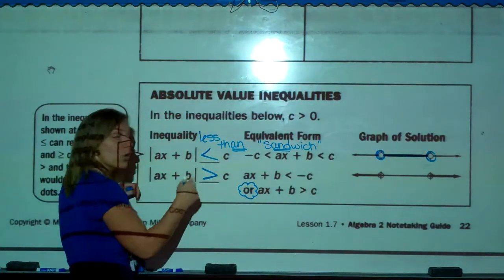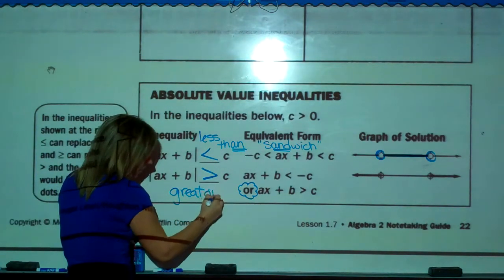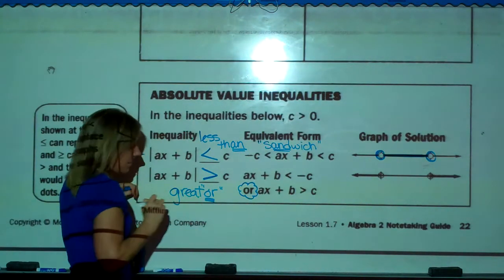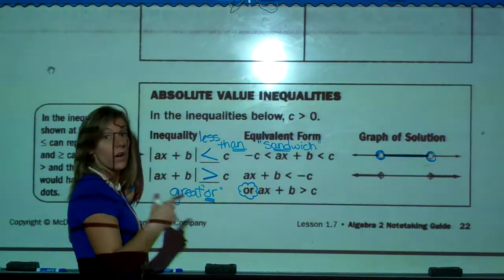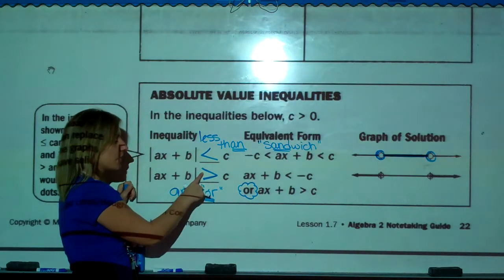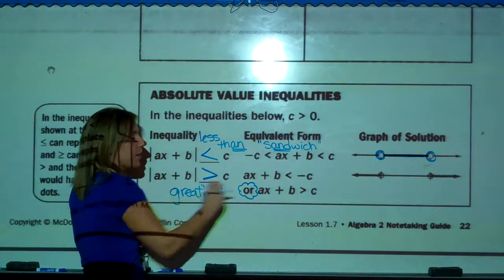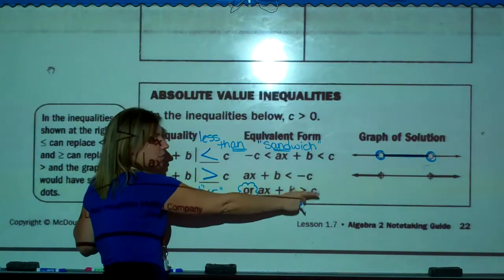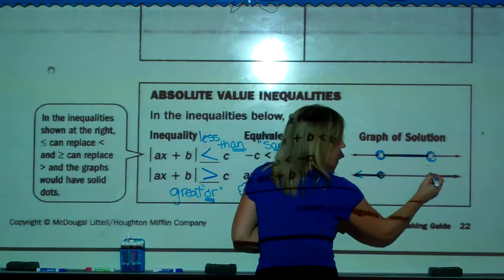If you have a greater symbol, it's really greater, but if you say greater, it helps you remember greater is an OR problem. So if you've got a greater symbol, then that creates an OR. So you've got 2 separate inequalities, the negative version and the positive version, and they go away from one another.